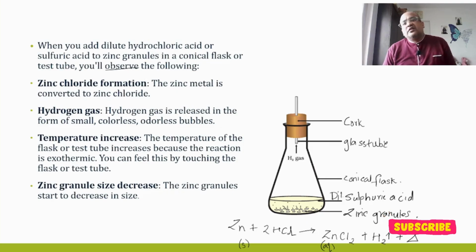So here I have taken a conical flask, right? And I have taken hydrochloric acid into this. Zinc granules are there, and I have added hydrochloric acid to this. If you see here, I have put a cork and there is a glass tube in this, right?